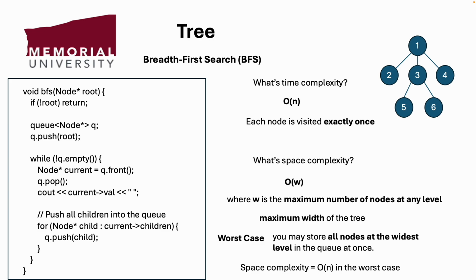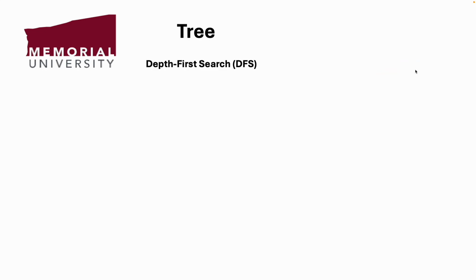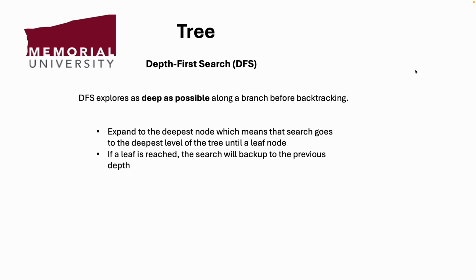Now, next we're going to discuss depth first search. Depth first search is also called DFS. Here's the definition of depth first search. Depth first search explores as deep as possible along a branch before backtracking.